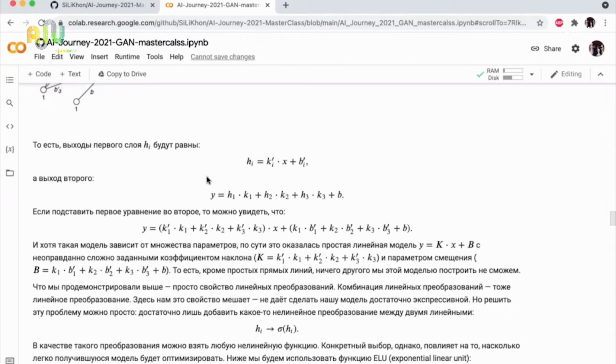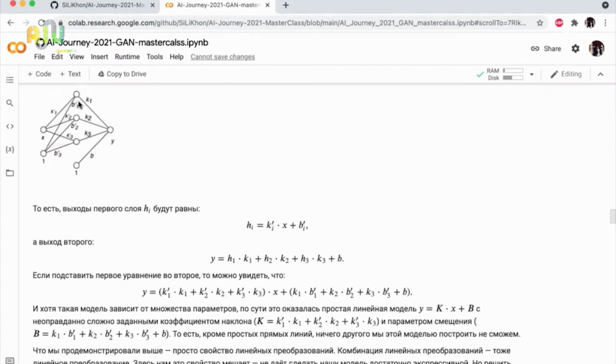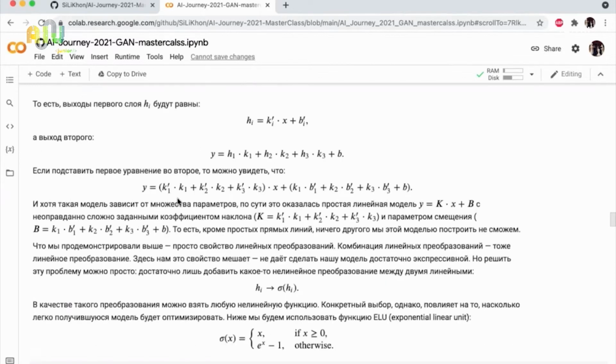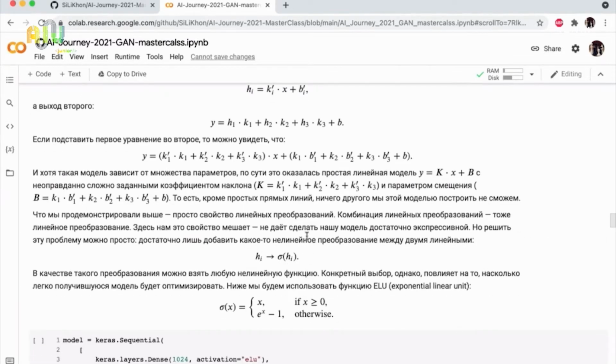We want our model to be more expressive. And actually you can fix it simply by adding a non-linear transformation here. We can make the first step, then we add a nonlinear transformation and continue.